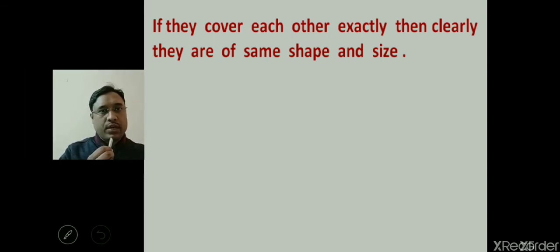That means their shape and size both are the same, and that means they are congruent.